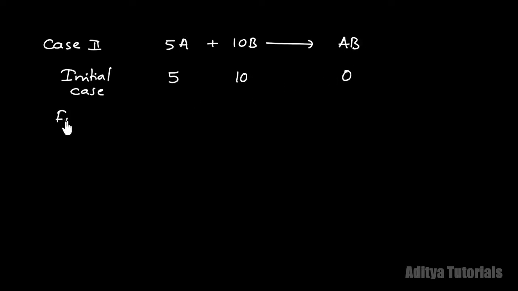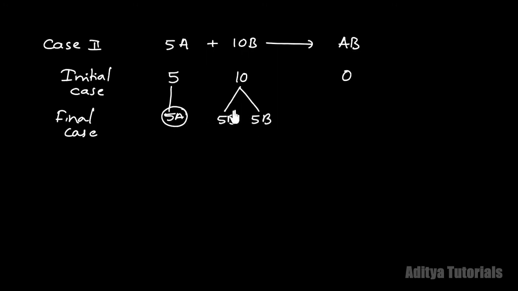But in the final case, just check it. 5A atoms or molecules completely react with 5B. Therefore, the 5A atoms are reacting with the B, which is divided into two parts, 5B and 5B.